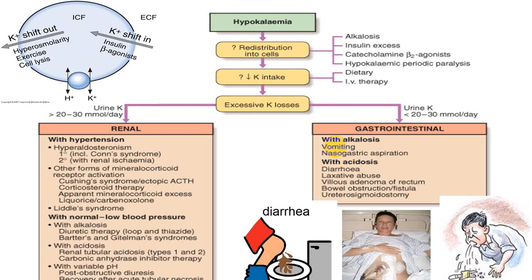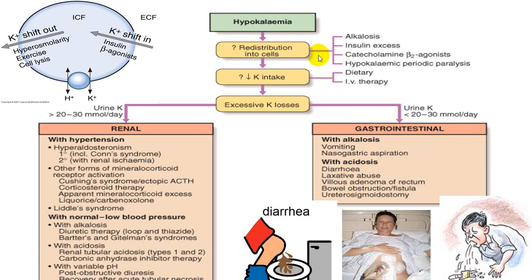While with diarrhea, laxative abuse, then tumors of rectum like adenoma, villous adenoma, fistula, bowel obstruction, ureterosigmoidostomy, person will develop acidosis because they lose potassium along with bicarbonates. So in diarrhea they will have acidosis, while in vomiting they will have alkalosis. So this should be kept in mind.